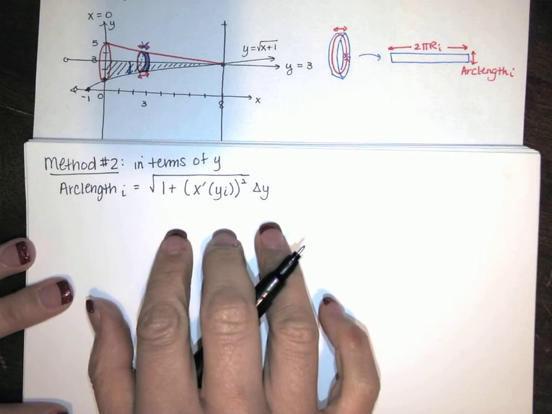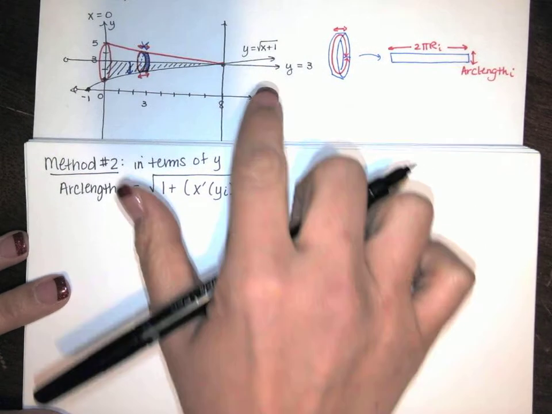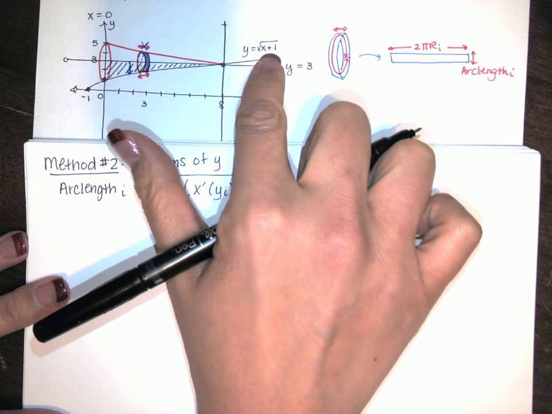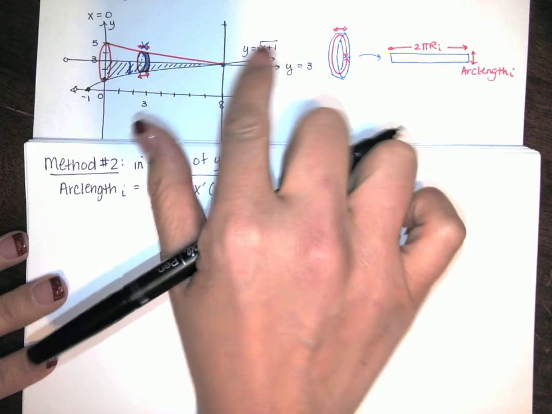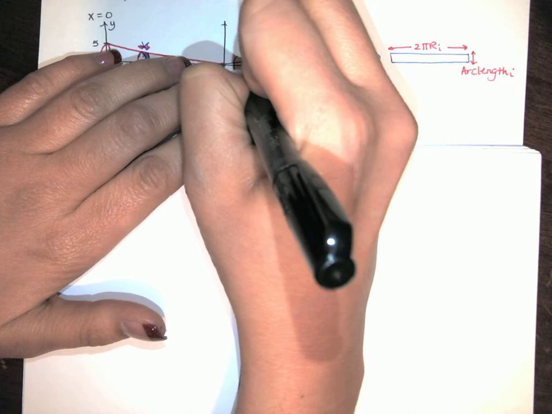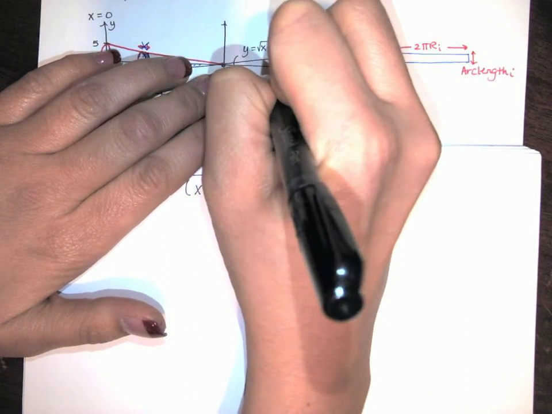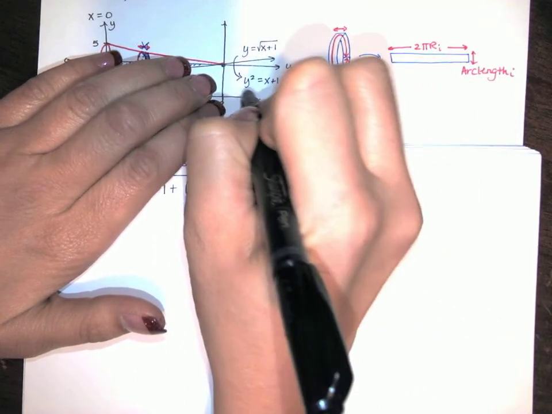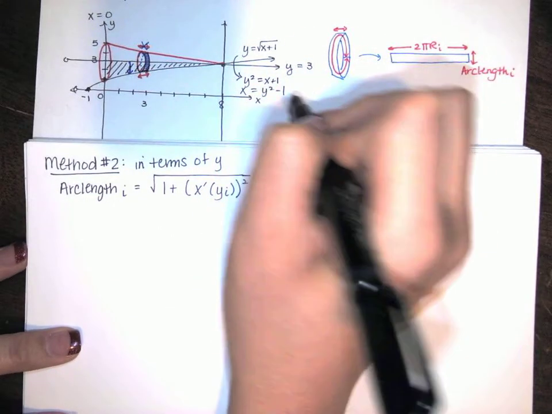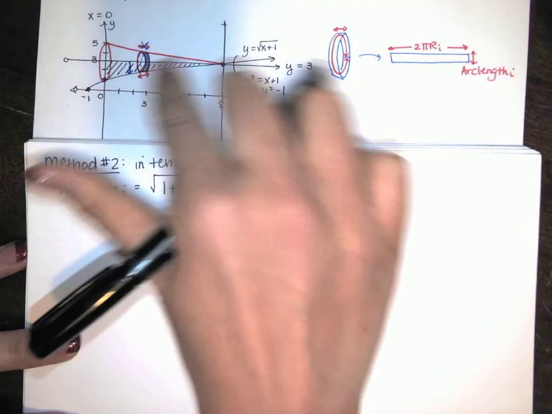Now I don't have x as a function of y yet, but I can get that by doing this. I know that y is equal to this function of x. If I just rearrange this, I can get x in terms of y. So I'm going to square both sides and subtract 1 from both sides. So x is equal to y squared minus 1 when we're on this curve.